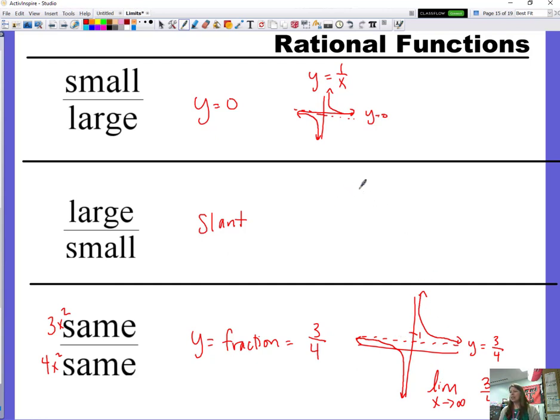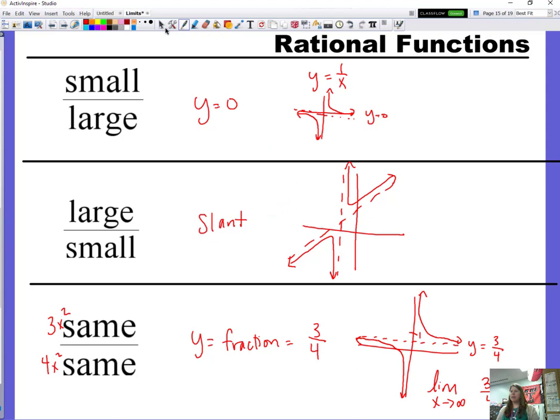The slant, you could have something that looks like this. You actually have an example of it on the graphs page, the very first assignment that you're doing. So let's say we have a vertical asymptote, and then we have a slant asymptote. Here, your graph could look something like this.